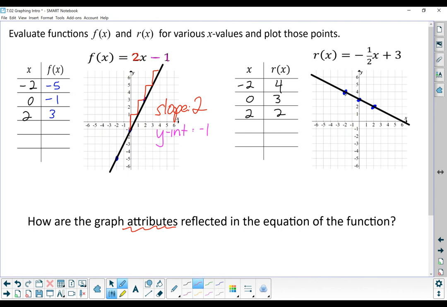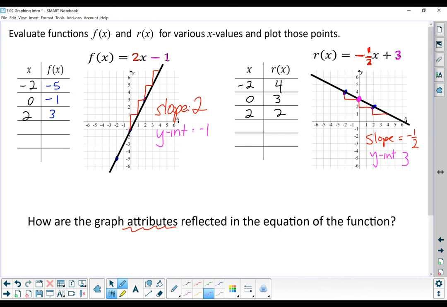Let's look at the next one. This is going down 1 over 2, down 1 over 2. So the slope is negative 1/2. And if we look at the y-intercept, it is 3.